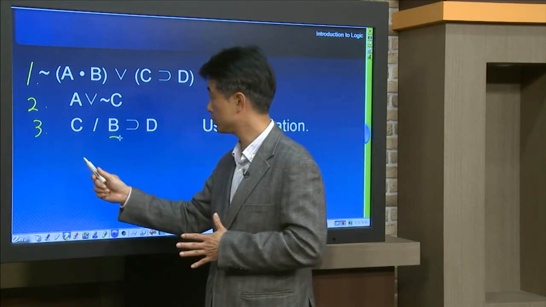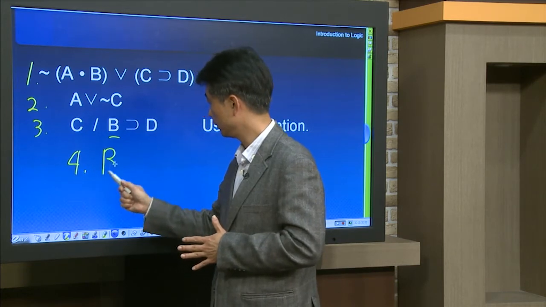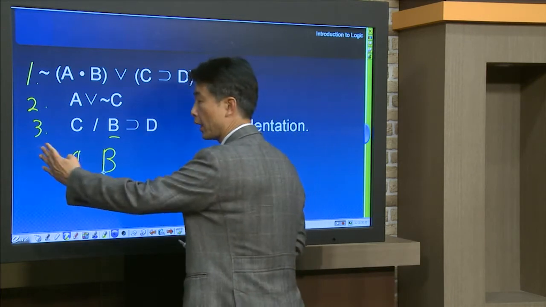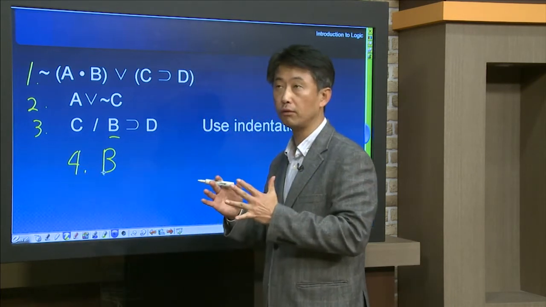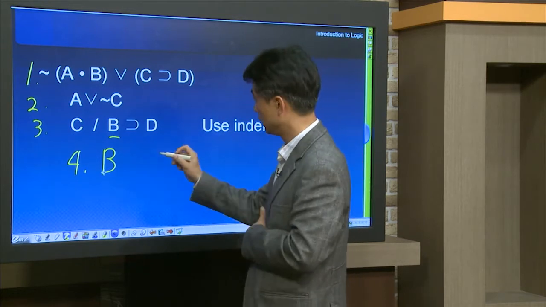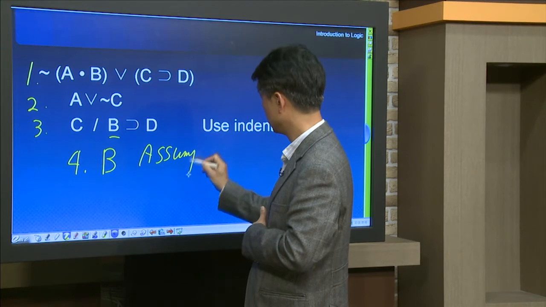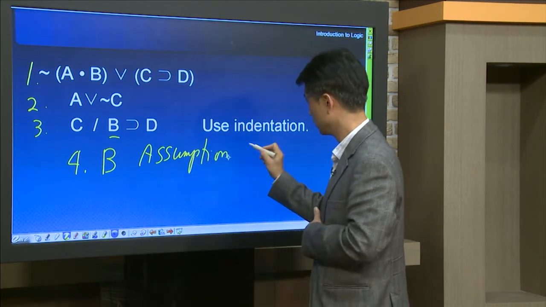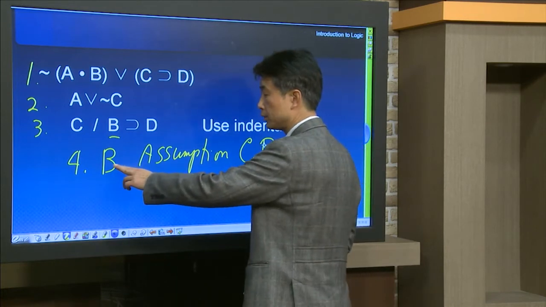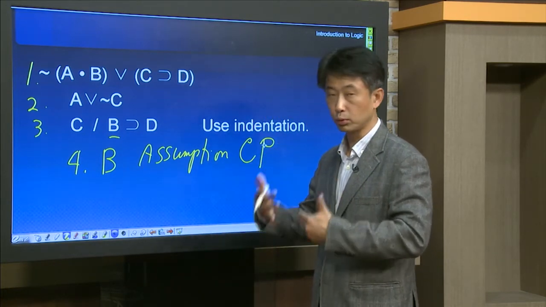So what I do is I write down B. And I use indentation to mark off the fact that I'm starting a conditional proof. Okay? So it says assumption CP. Okay? I'm assuming this because I'm following a conditional proof.